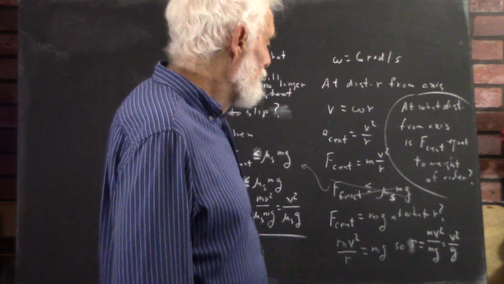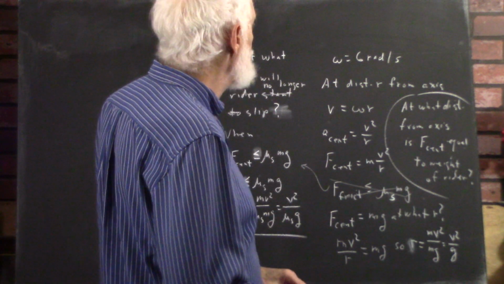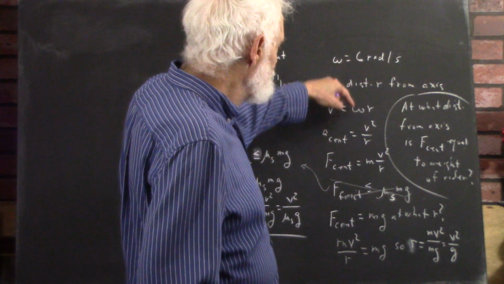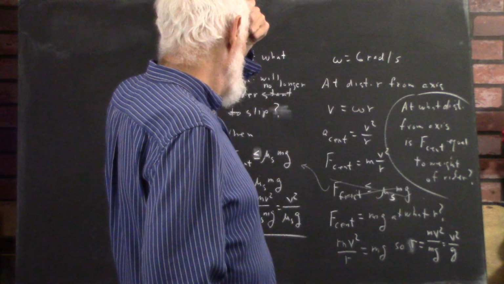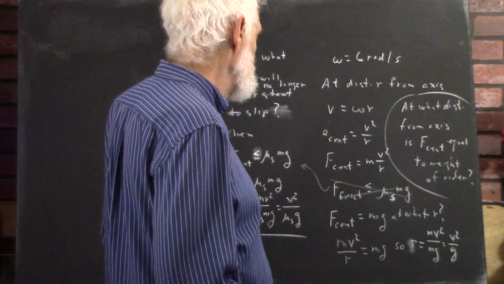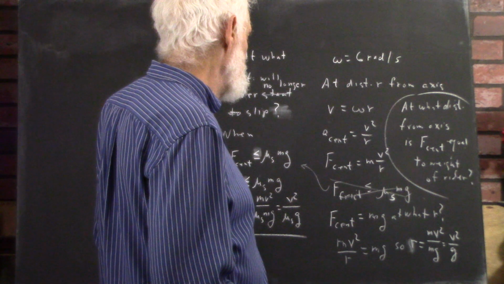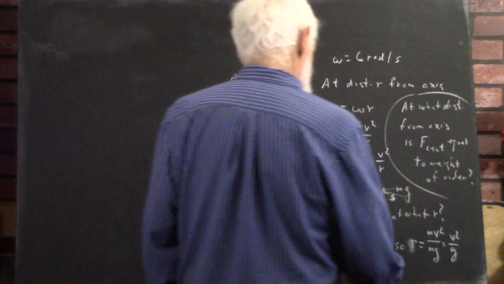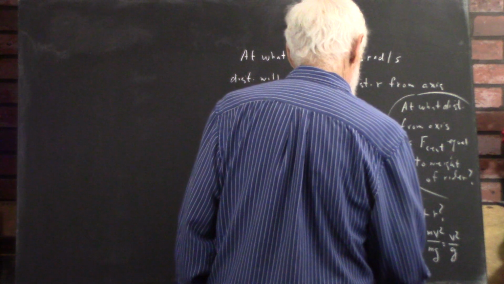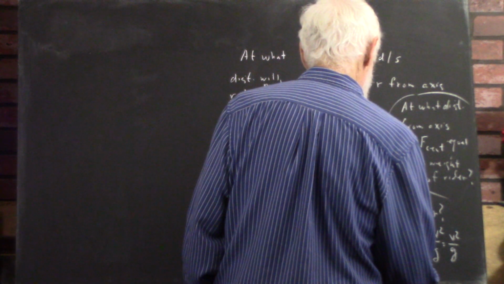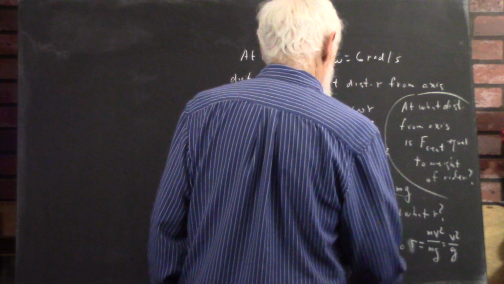Now, of course, v is r times 6 radians per second. So actually we've got a little bit more work to do if we want to get this in terms of omega.